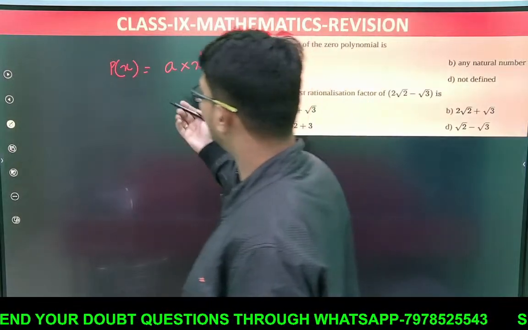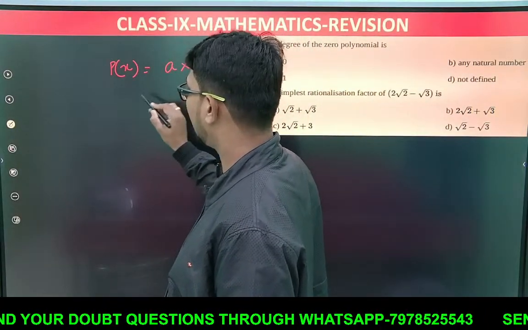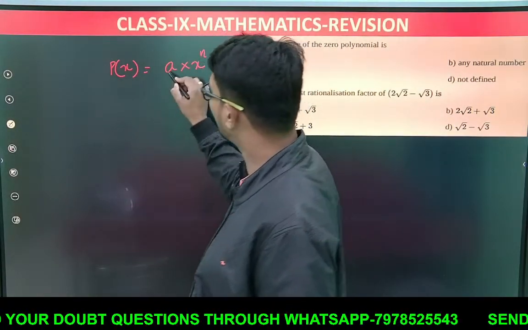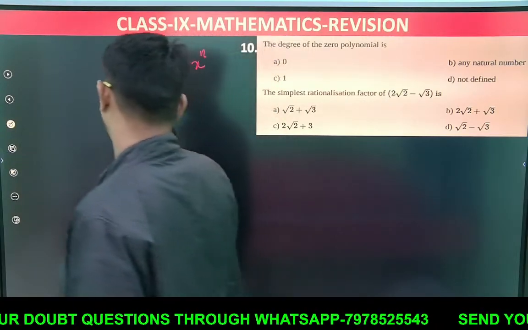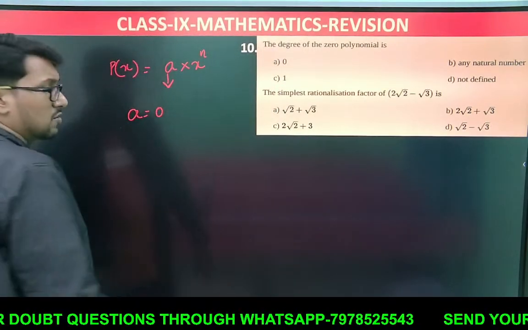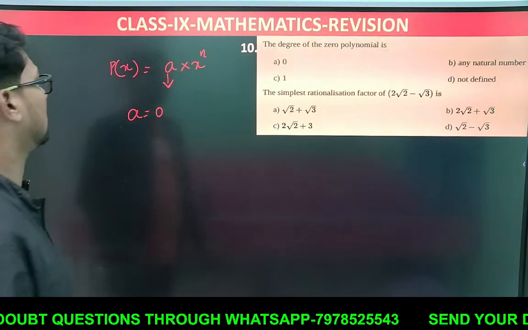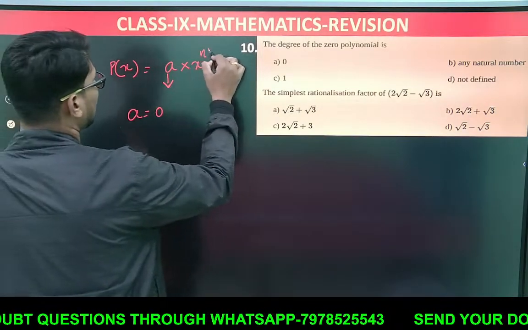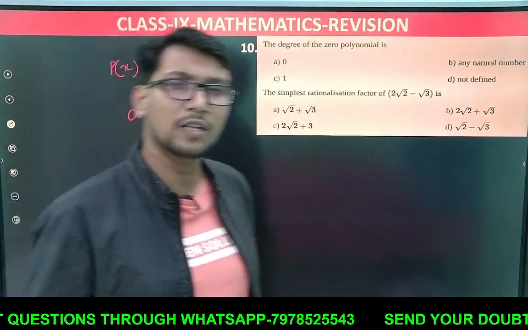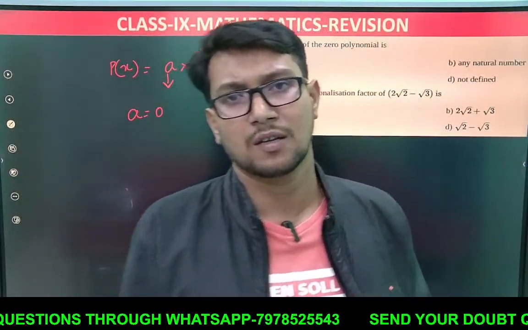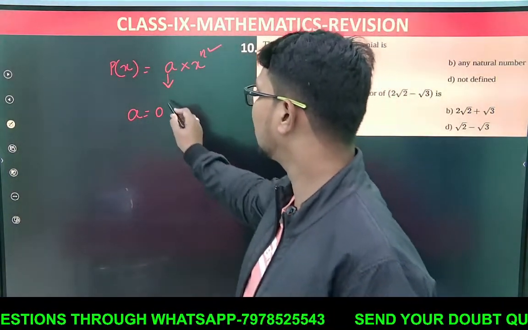Zero polynomial matlab what? Zero polynomial matlab it is a polynomial whose coefficient, this is known as the coefficient, is 0. Matlab if a equals to 0. So if a is equal to 0, then how can we define this n? This n is known as the degree. But in a zero polynomial, the coefficient is 0.